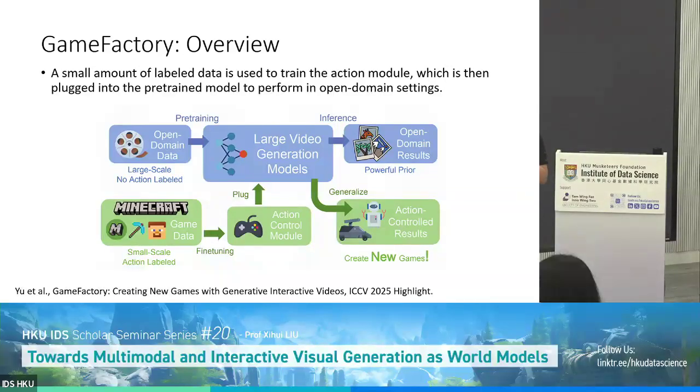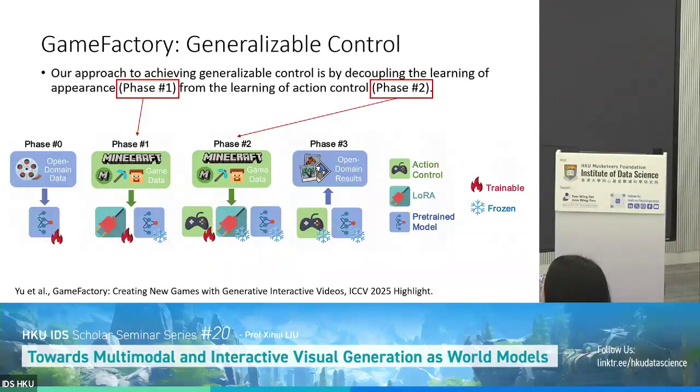Because if we simply use the Minecraft video and train the action control collected from Minecraft video on the video generation model, the model will easily overfit to the scenarios of Minecraft, which is undesirable because we want the video generation to be generalizable, not just overfitting to the Minecraft videos. So we design a phased strategy to achieve this.